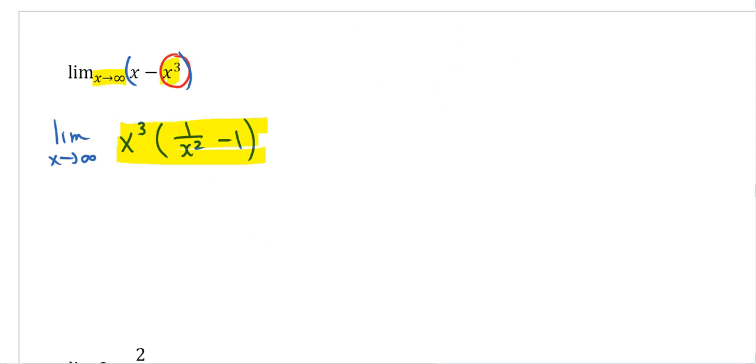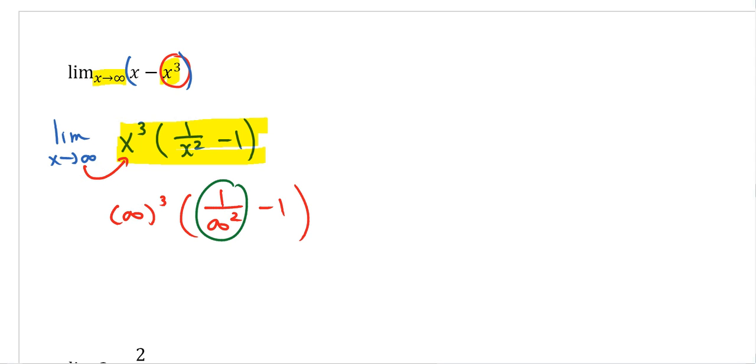Now if I do a direct substitution step and plug in infinity into my expression, I get infinity to the power 3 times 1 over infinity squared minus 1. You'll notice that this expression right here just goes to 0. And then I'm left with infinity to the power 3, which is still going to be infinity, just a big number.